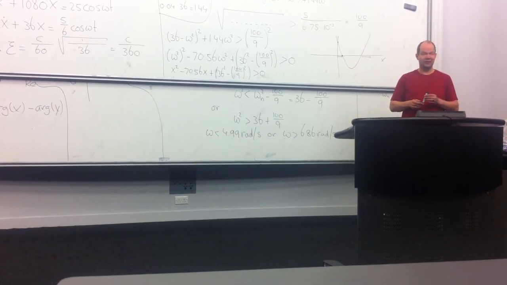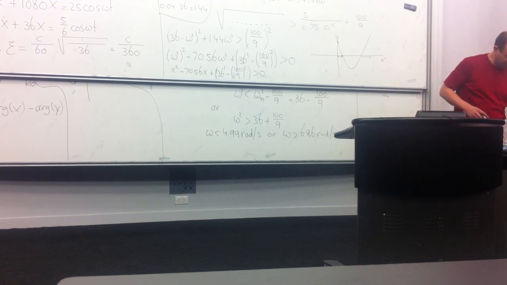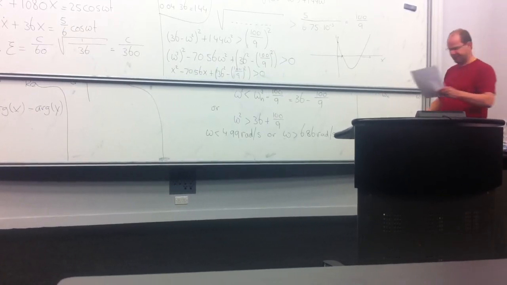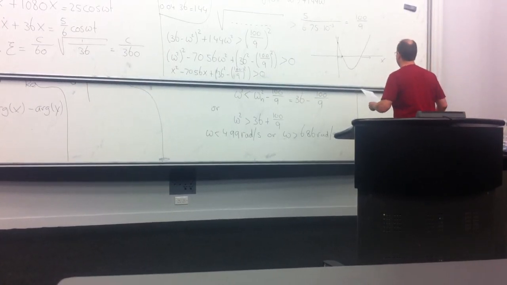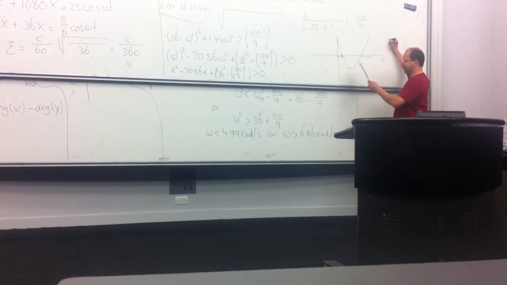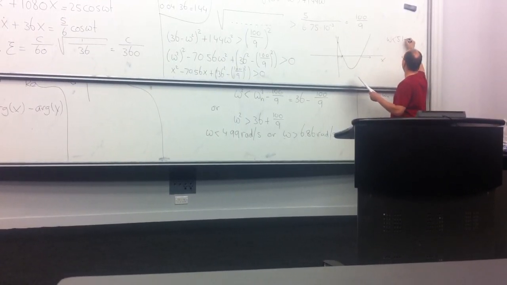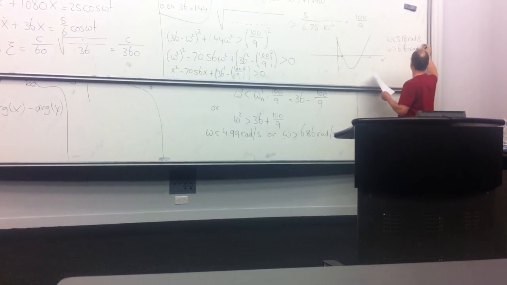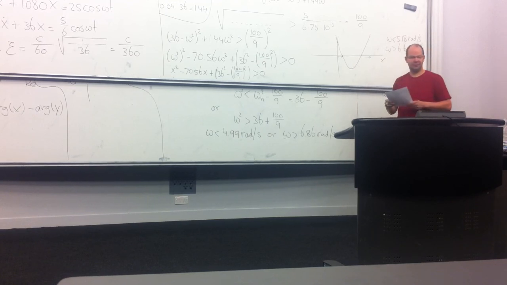I'll go through that in a bit more detail tomorrow. Do try this at home, because you might also be asked to do this in an exam, or something similar. Here in this case, you should find that omega is smaller than 5.18 radians per second, or omega is larger than 6.61 radians per second.